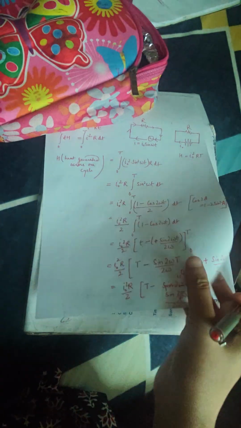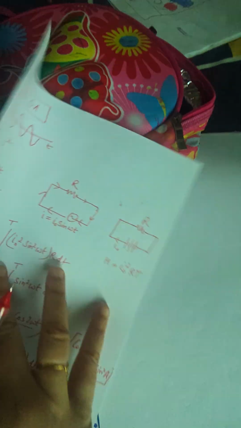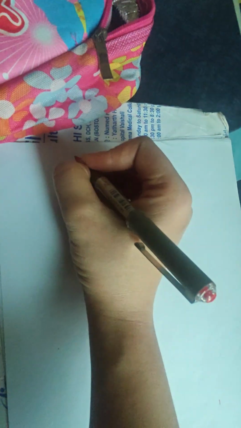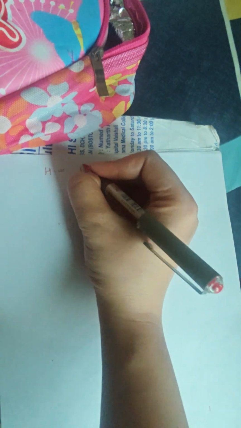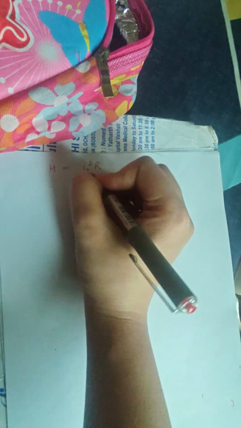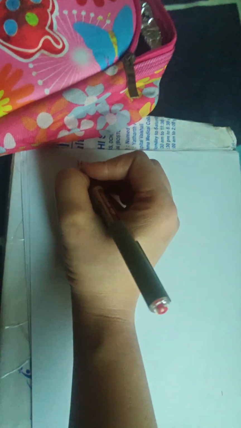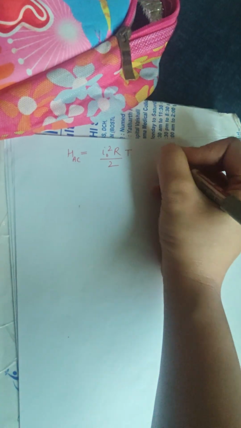So what are we left with? We are left with the heat generated across this one cycle as I naught square R T upon 2. In case of AC, I am getting this as the heat generated in one cycle, whereas in case of DC, I am getting I naught square R T as the complete heat generated.